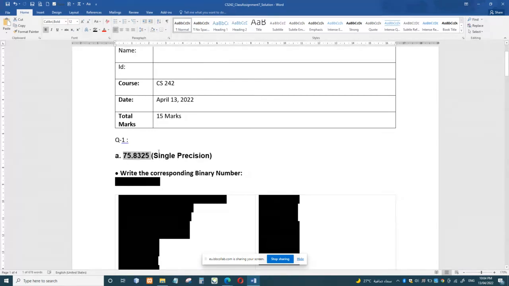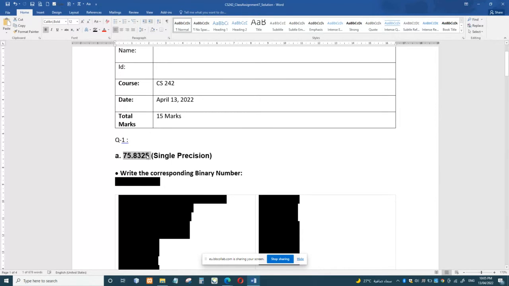Out of these 32 bits, 1 bit is used for the sign, 8 bits for the exponent, and the remaining 23 bits for the mantissa or fraction.